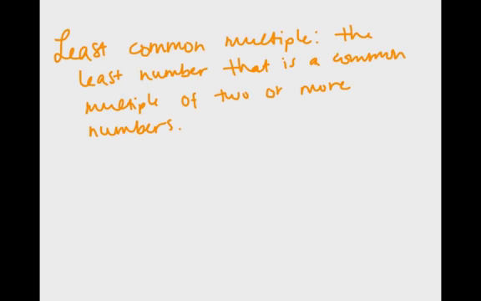Right? We have a vocab term. The least common multiple is the least number that is a common multiple of 2 or more numbers. So if we think back to that example that we just did, we had, I believe it was, 1/6 plus 3/12. So the least common multiple when we're dealing with these rational expressions or with fractions is going to be, we're looking for the least common multiple of our denominators.